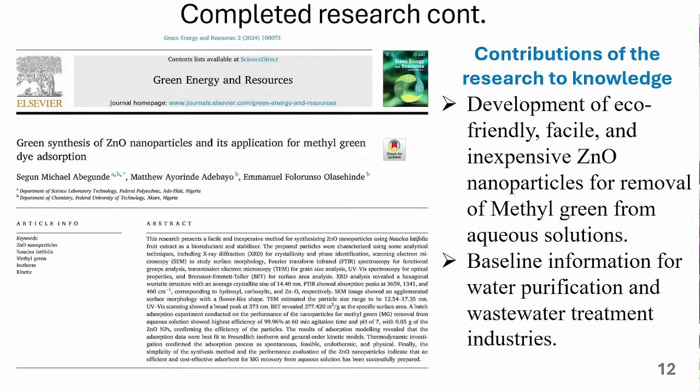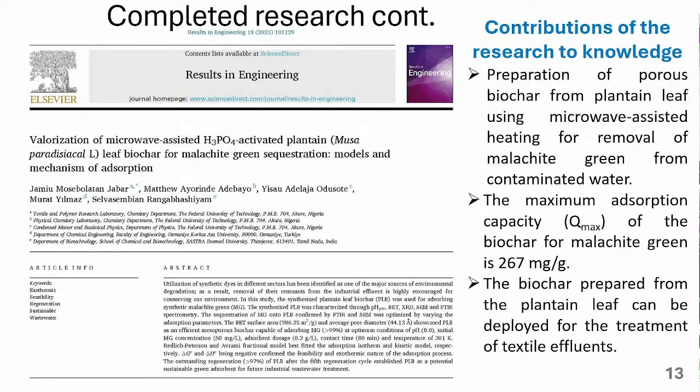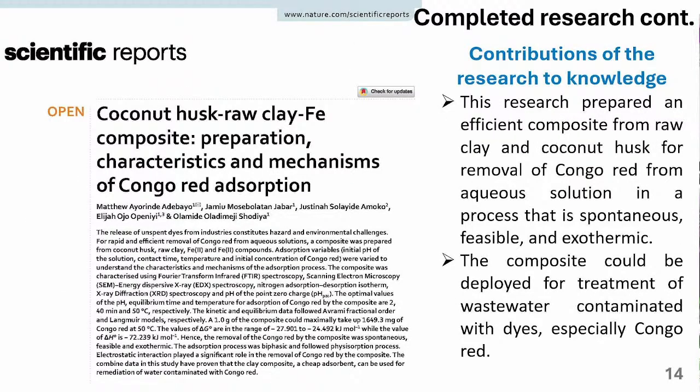And here, this is another work reported, published by Scientific Report. Here, the preparation of a composite from coconut husk as well as clay and iron was reported. The material was properly characterized and used effectively for removal of Congo red from water. The material prepared was a porous, efficient adsorbent.